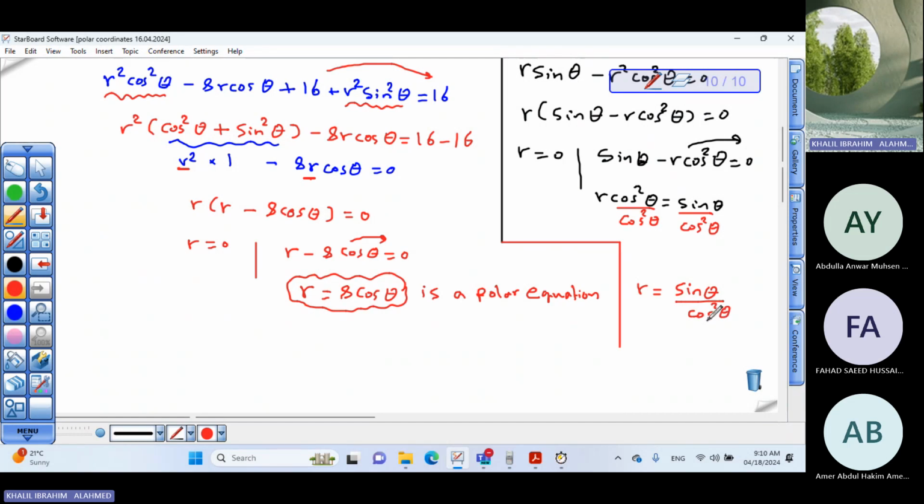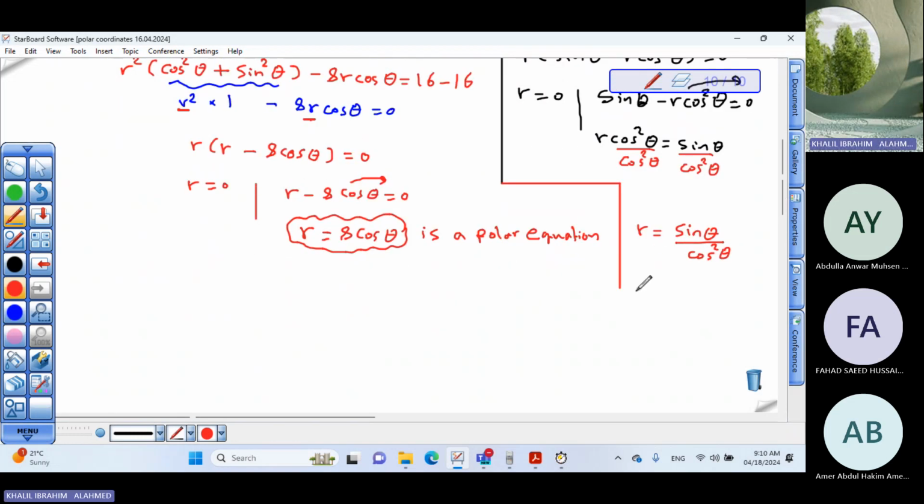That's it. Maybe one more step to simplify, right? r equals sine theta over cosine theta times 1 over cosine theta. Cosine times cosine, cosine squared.